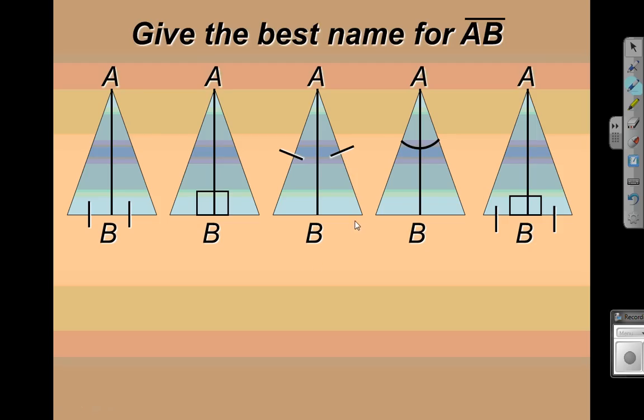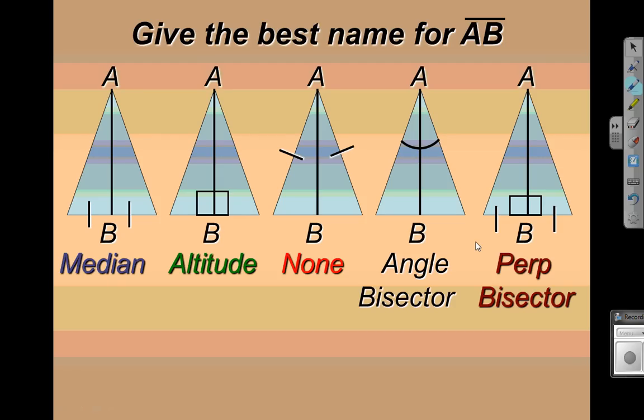I'll tell you. This one goes to the vertex, and it makes an angle bisector. This one is perpendicular to the opposite side and bisects the side. Label those 5 triangles, please. Okay, did you get them right?